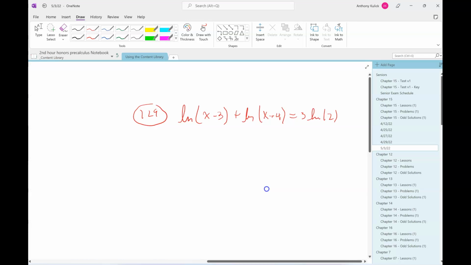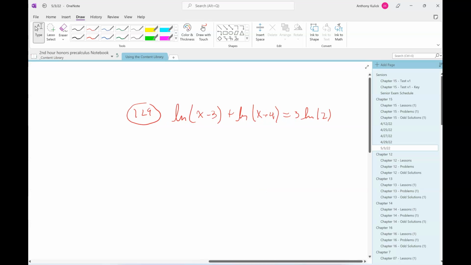The observation I want to make here that makes this problem different than the previous one is that we have x's in more than one location. I have x's in 2 different logarithms here.